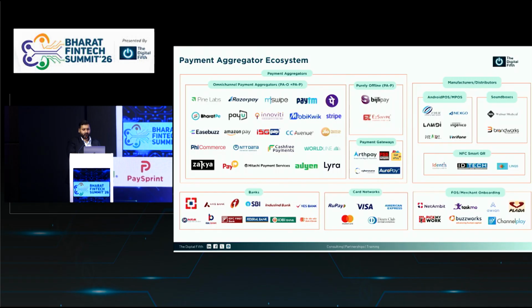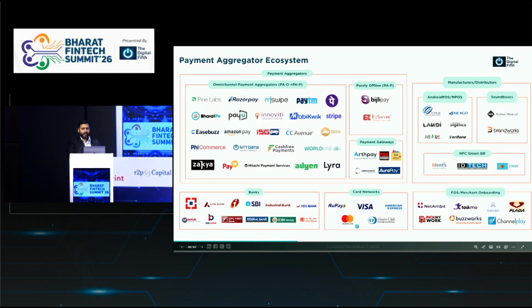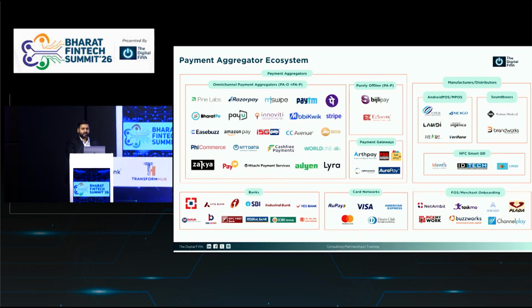There are networks which are heavily connected to this whole ecosystem through their own channels and network services. And there are also services related to merchant onboarding, the feet on street. Say, for example, you see a POS device at the merchant's end, or QR codes nowadays at small shops as well, right? So who distributes that?